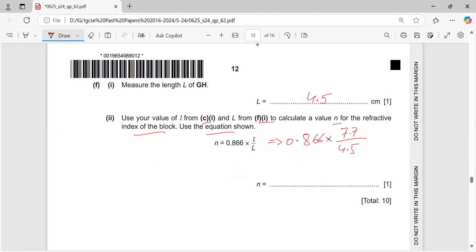So 7.7 divided by 4.5, times 0.866, equals 1.48. Even 1.5 you can write, that will be workable. No worries, 1.5 will work.